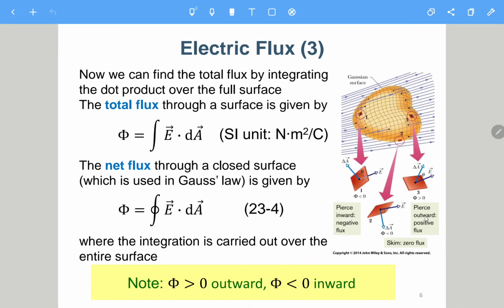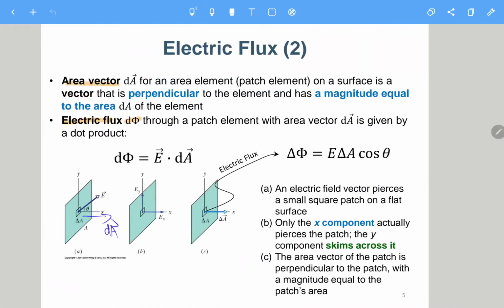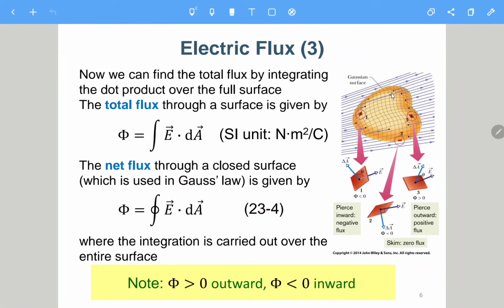So here, now we will consider the total flux by integrating the dot product over the full surface. The total flux through a surface is given by this integral. Just now we supposed this is the Gaussian surface.